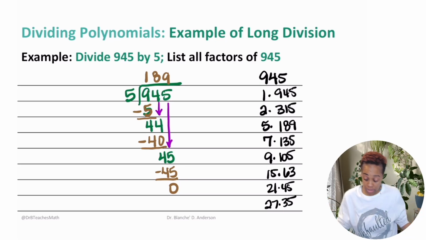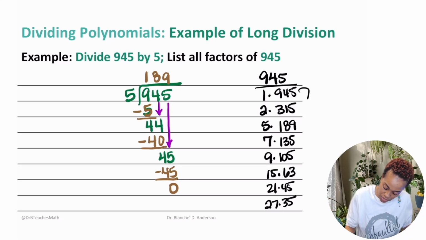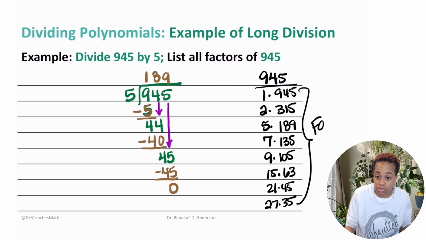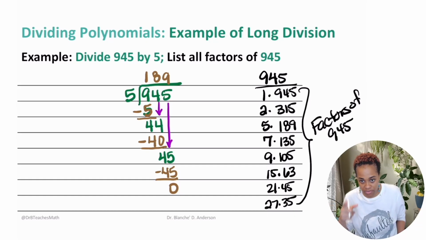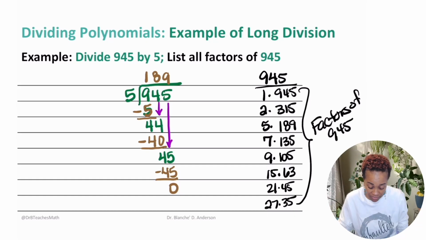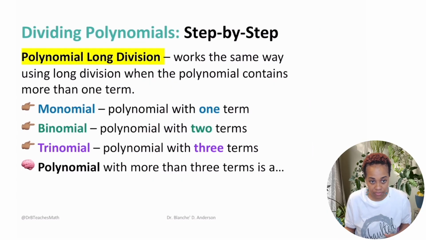Woo! So these are all the factors of 945. That means every single one of these numbers, when they divide 945, they divide evenly, and that means that it is a factor. Easy? Remember, at any point you can leave comments for your questions.